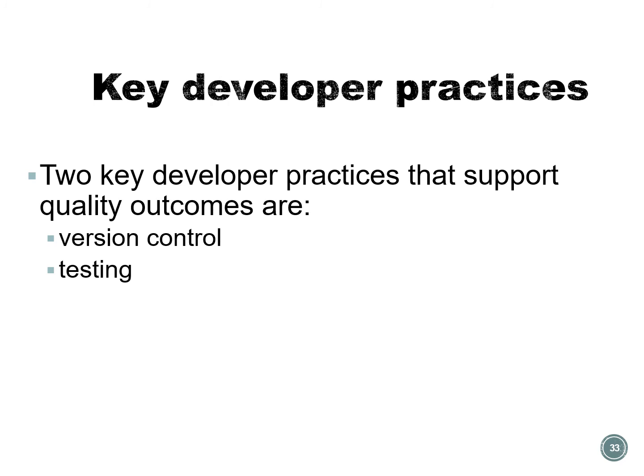So, going even a bit further, there's actually research that the two key developer practices which support quality outcome, meaning that the program probably isn't as faulty as it could be, or at least it's at the best quality level possible with that skill set and that amount of resources, money, time, and so on, are version control and testing work.